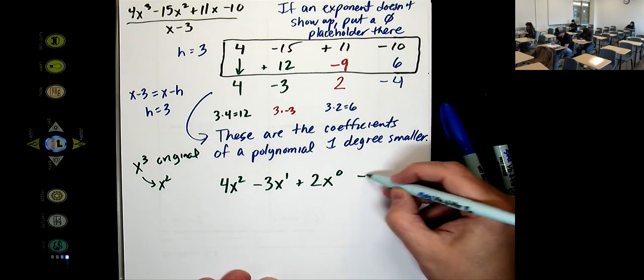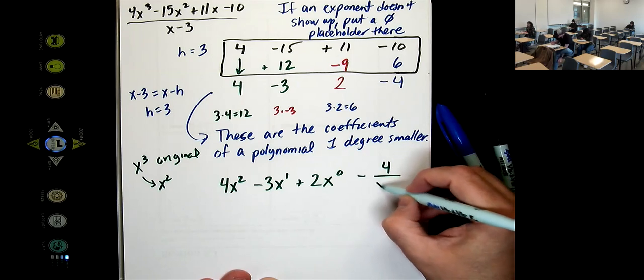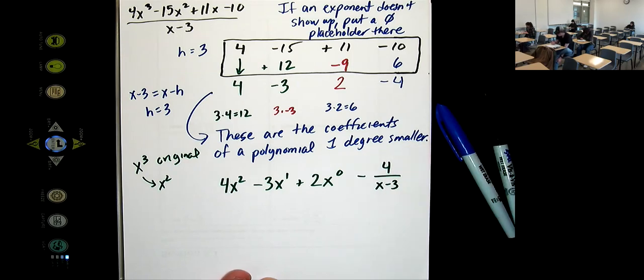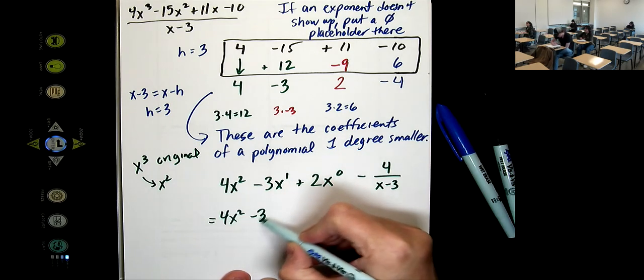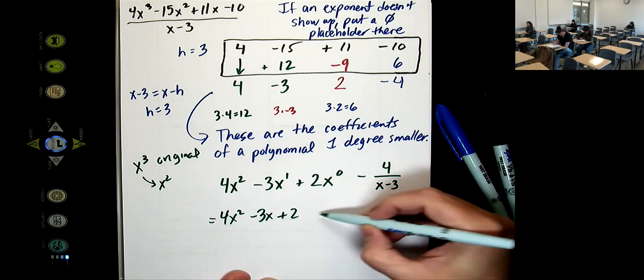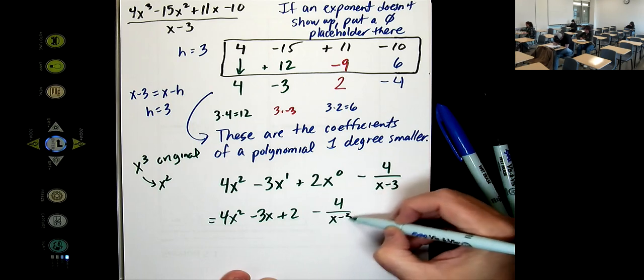And the remainder we have to put over the original thing. And you can see that gets us our 4x squared minus 3x plus 2 minus 4 over x minus 3.